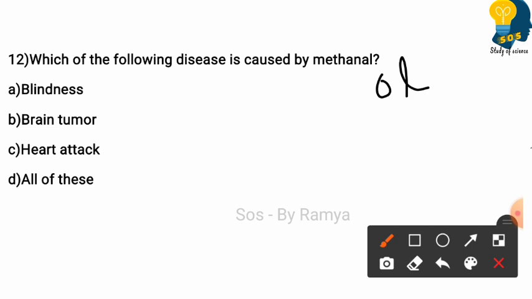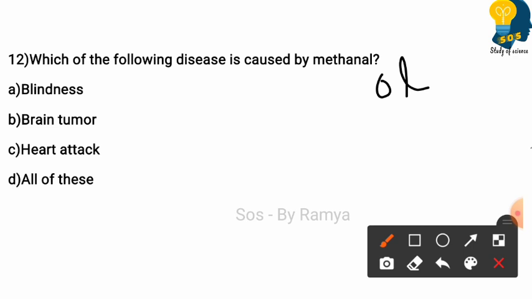If a person is taking more alcohol, there is poor coordination in the body between the organs and the brain, and he will have more abdominal pain. Abdomen means stomach. He will also have improper breath. Sometimes he feels blindness. There is a chance of kidney failure. He can also die due to a heart attack.